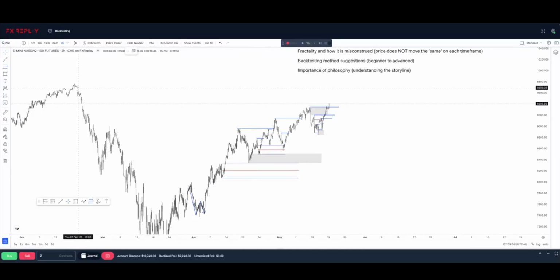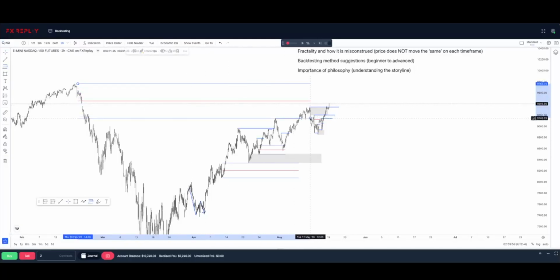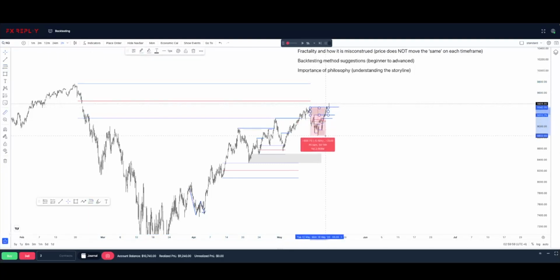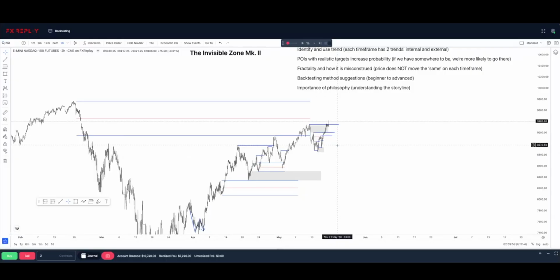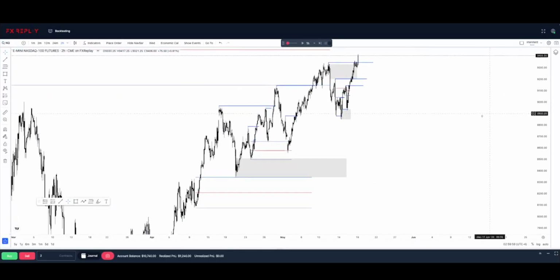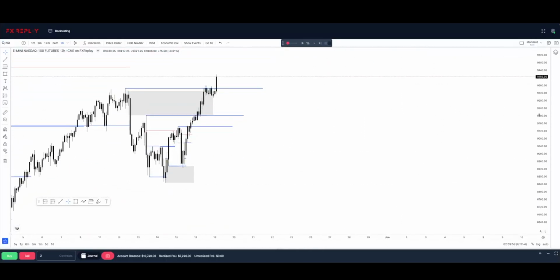Because if I'm just marking this top out here, and let's say I'm marking this latest high that did not send price to change trend to the downside right here, I have not gotten close enough yet to my invisible zone to even start to consider that we're looking to go bearish long term on the external on 2 hour. Right? So we've got somewhere to be. We've got multiple places to be on the internal on the 2 hour as well.